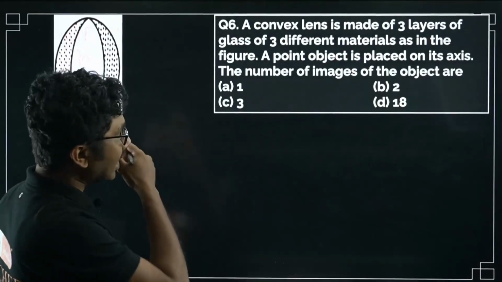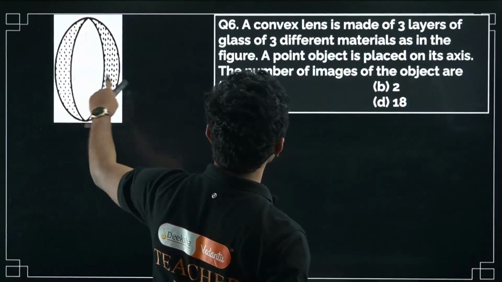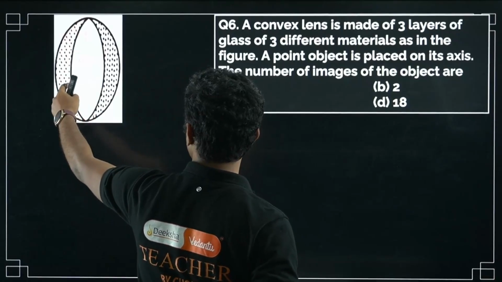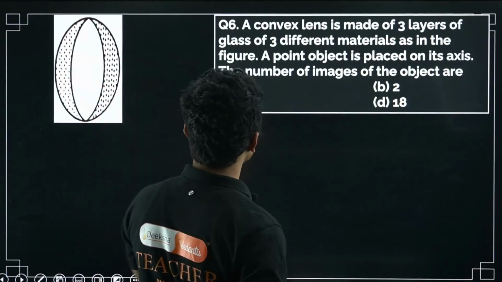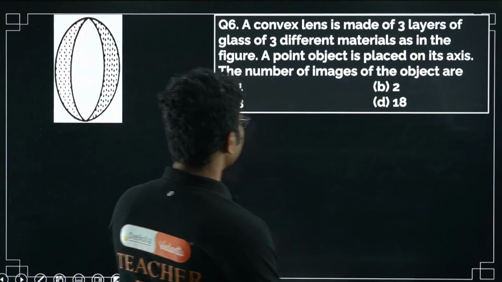Now, a convex lens is made of 3 layers of glass of 3 different materials as in the figure. We have material 1, material 2, material 3. A point object is placed on its axis. The number of images of the object is?